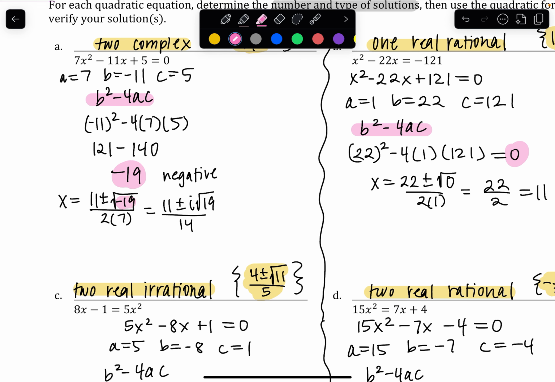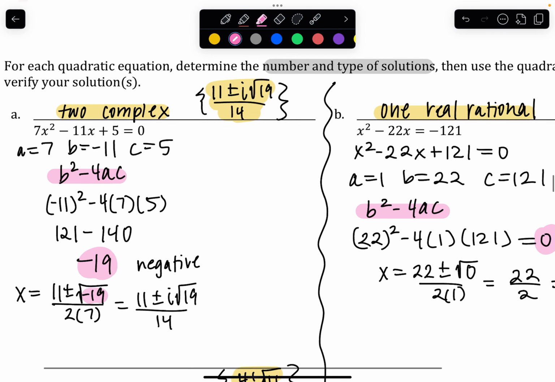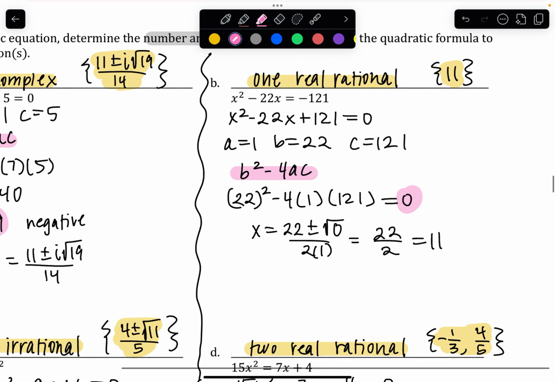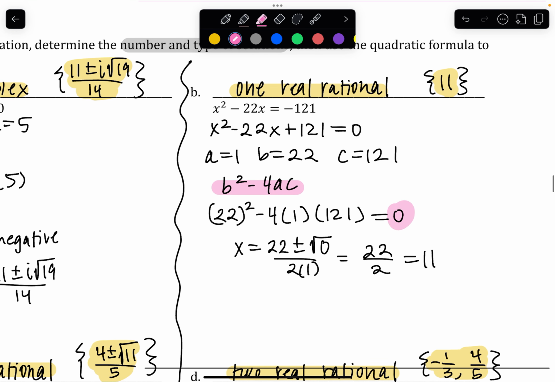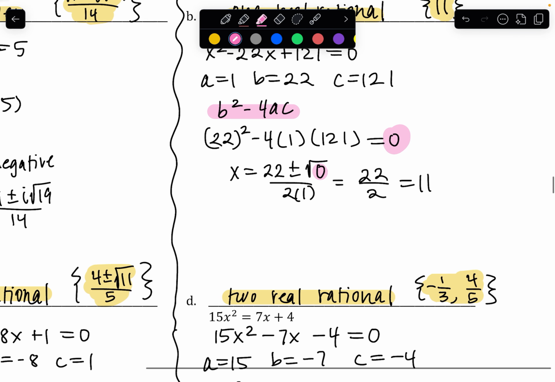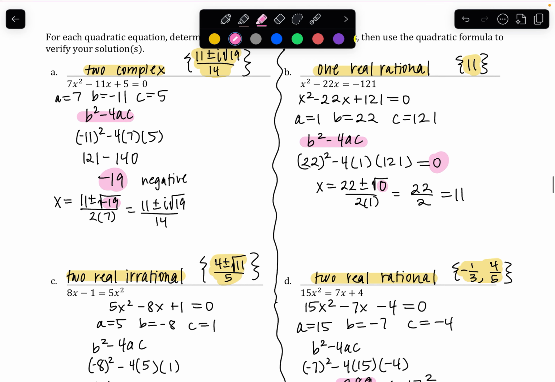Because that's our discriminant, if you continue with the quadratic formula, you can get your solutions, and that's what they ended up being. On example B, our discriminant ended up being 0, and so we had one real rational solution. When we plug that discriminant under the radical and simplify the quadratic formula, we get 11 for our final solution.